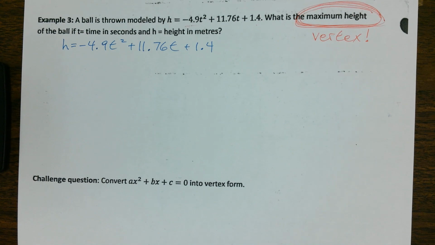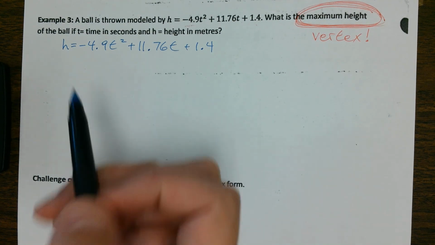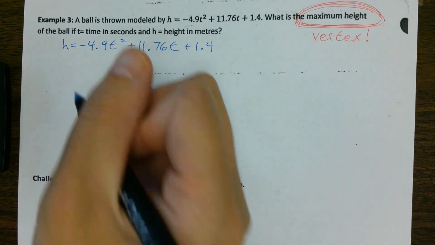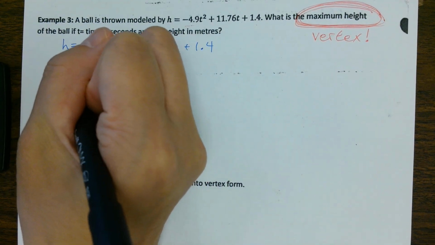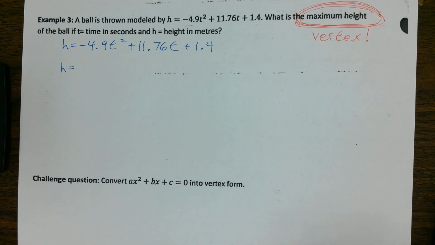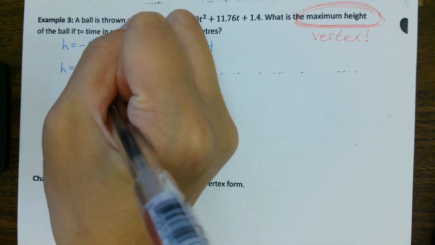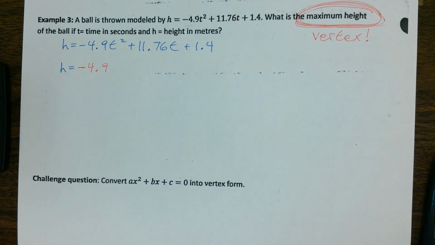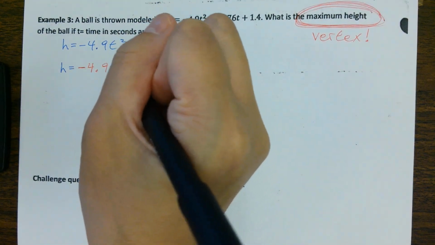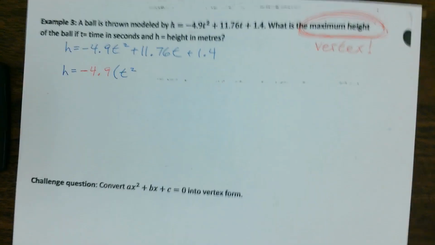Step 2, Rosie, what's my second step? Perfect, yeah, and negative 4.9, not just the 4.9, so make sure you factor out the a, so the negative as well. So t squared, whoops.